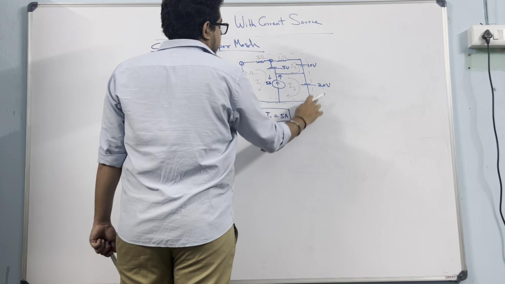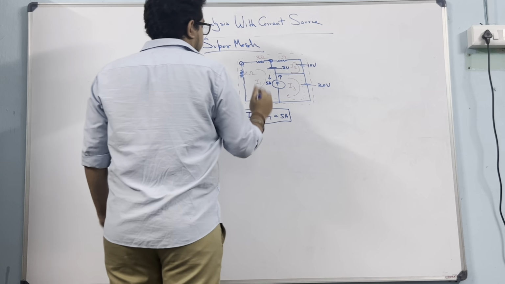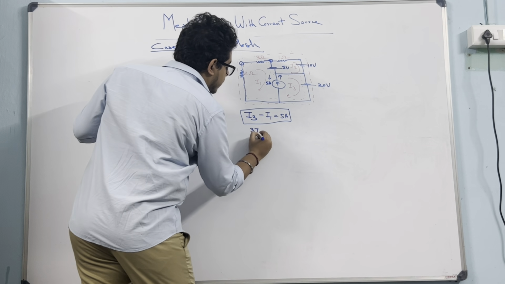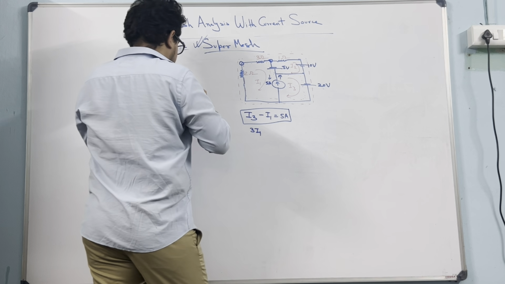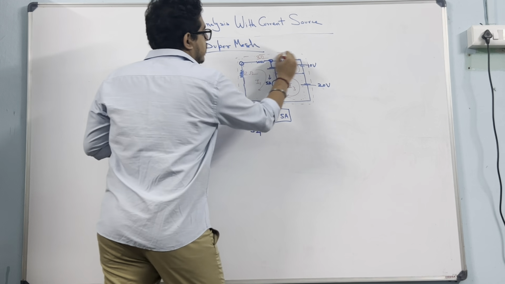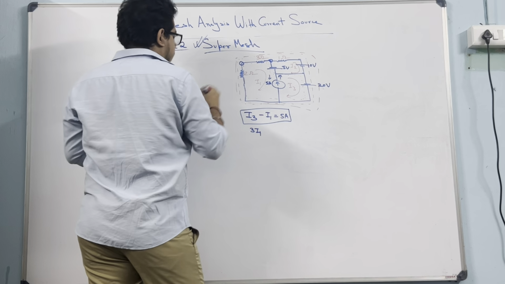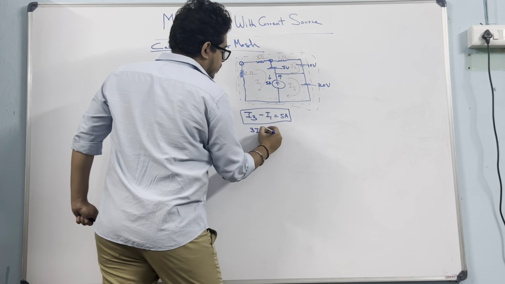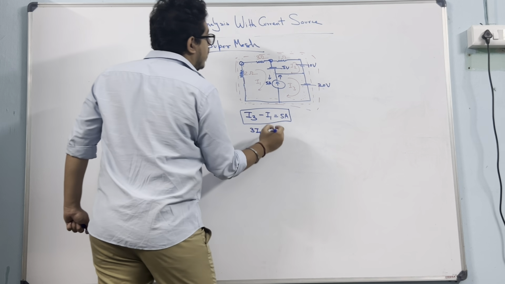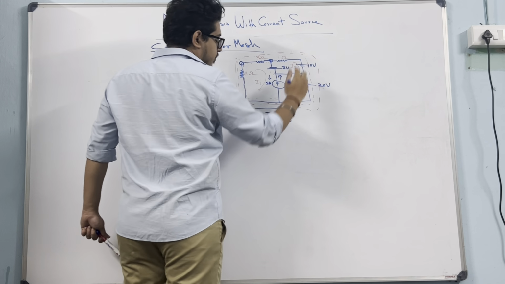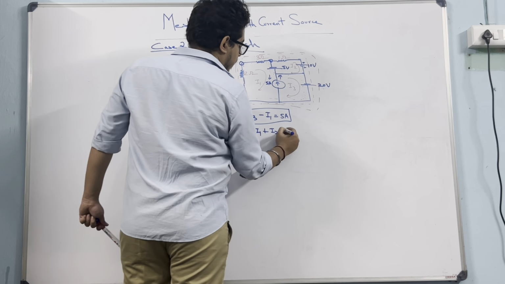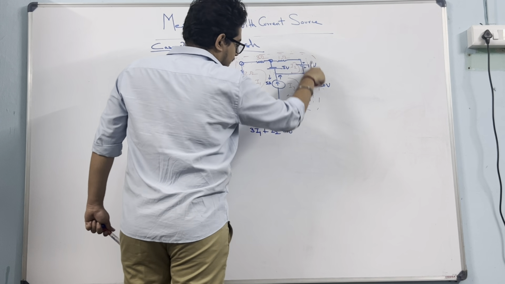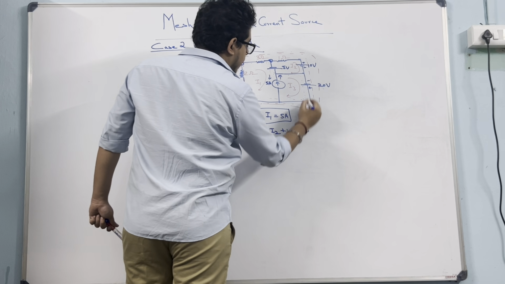Let's start with this supermesh. So all the potential drops here. I1 is flowing, 3 I1. First supermesh I assume to be like this, the full one. So 3 I1. Here the current is I2, plus I2. Now going upward from this, I hit the positive first, plus 10. Now I hit the negative first. If I go like this, so minus 20, coming.